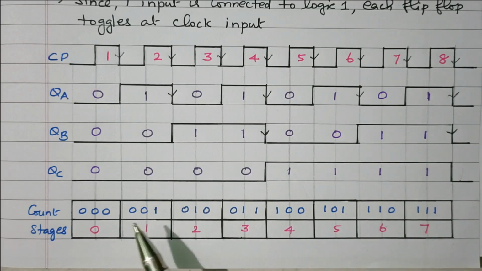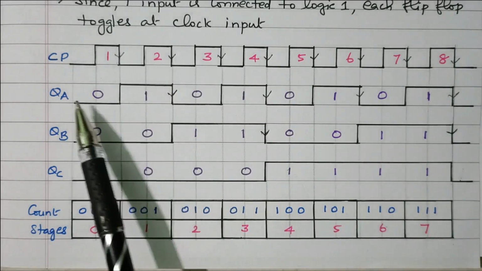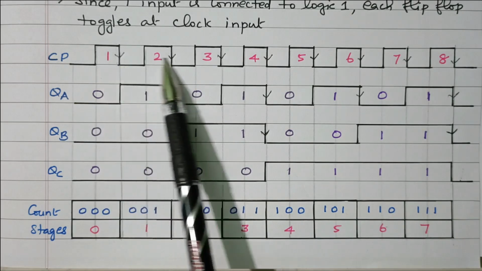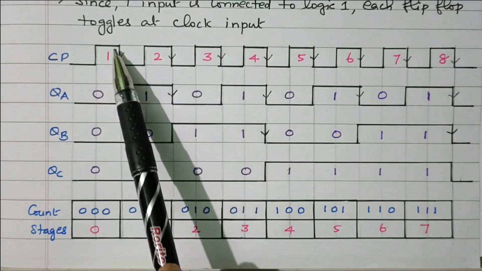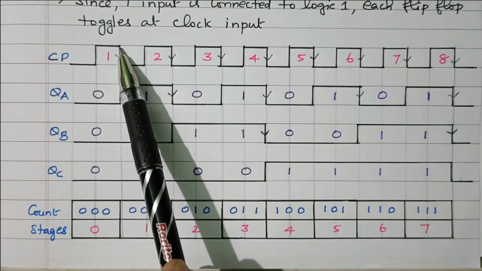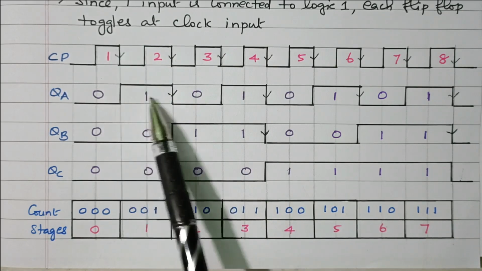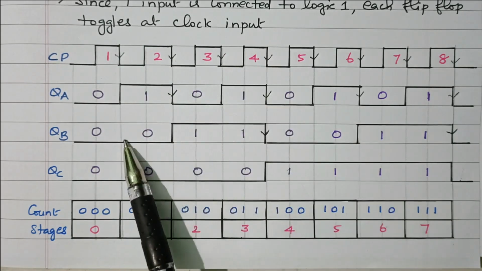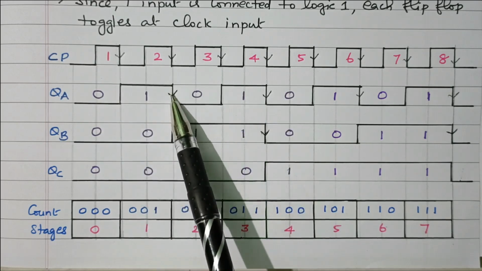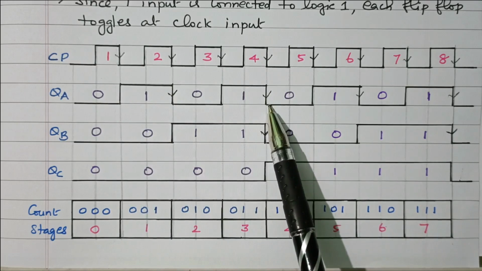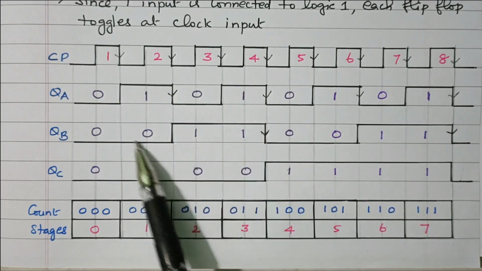Right? So I will explain again. The first flip-flop works based on the clock pulse. Because an inverted clock pulse is given, during every trailing edge, the state changes. The second flip-flop works based on the output of the first flip-flop. So whenever the first flip-flop output goes to trailing, that is high to low, the state changes.